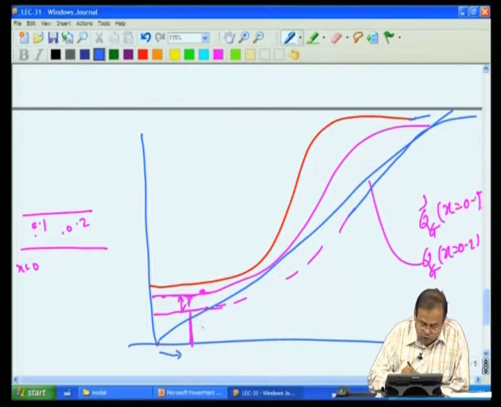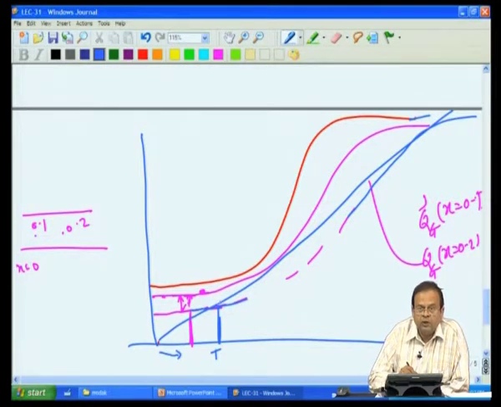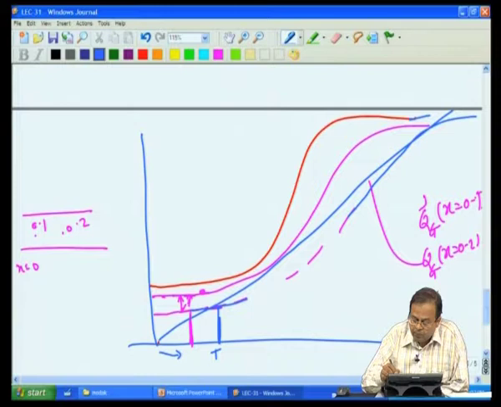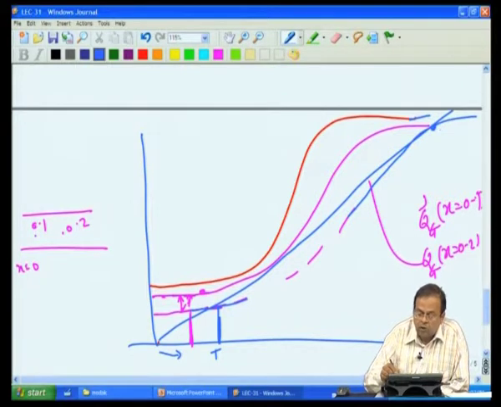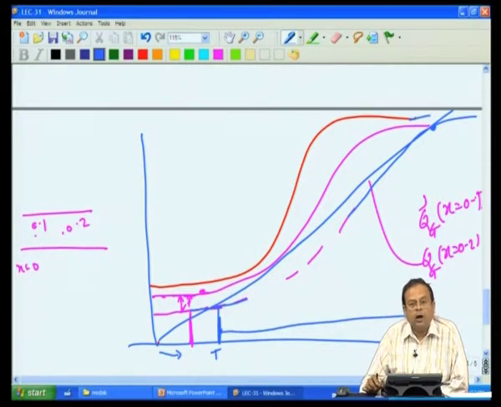And okay. So, if my temperature is, let us say, over here, just for sake of argument, and conversion is 0.2, then I see that this particular branch of intersection point has completely disappeared and the only point where intersection can occur is at this high temperature. So, what will happen? My temperature will suddenly go to a high value or a hot spot.